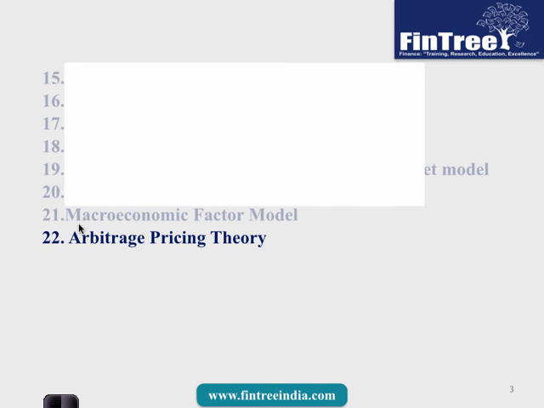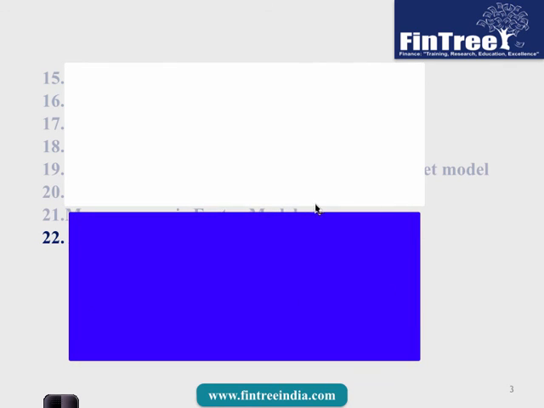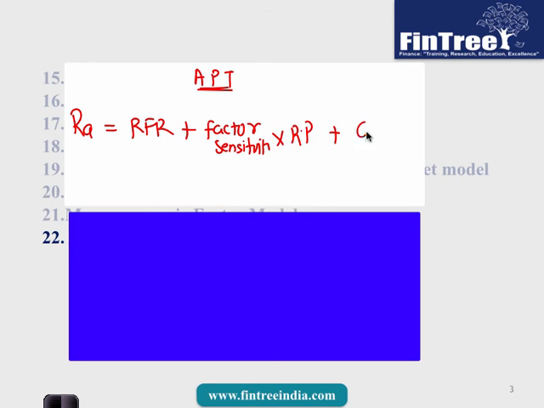So let me plot both of these equations in parallel. First let us plot the arbitrage pricing theory model, which says that return on asset A is equal to RFR plus factor sensitivity into risk premium, and so on and so forth, plus an expected random error term.